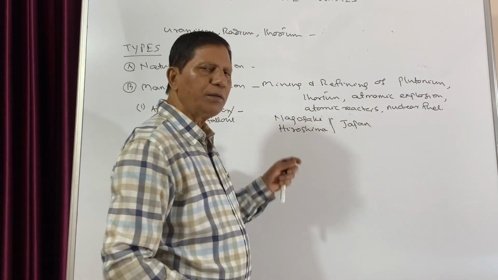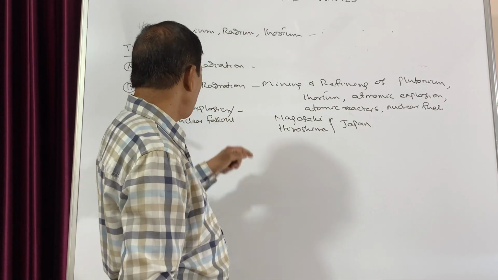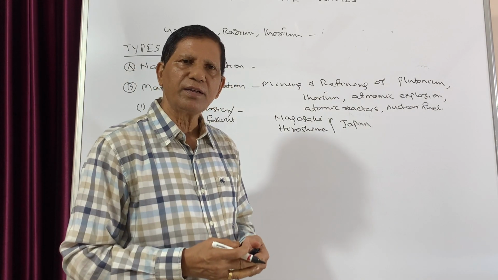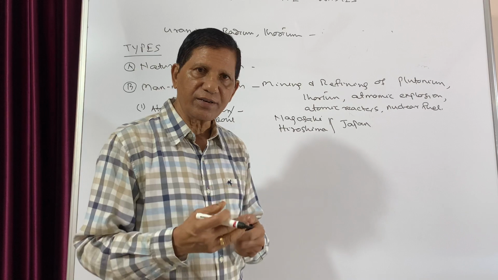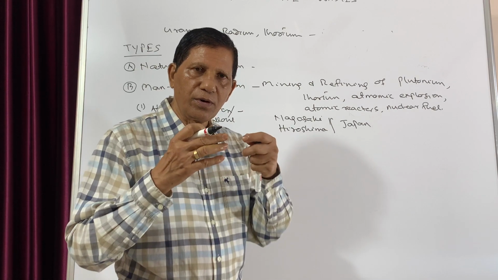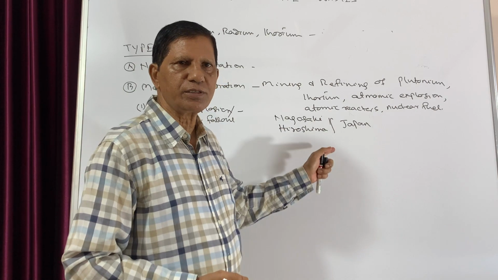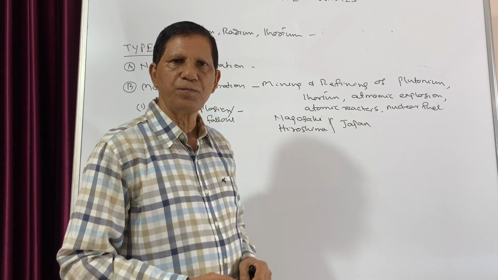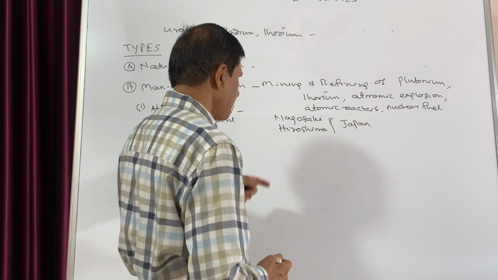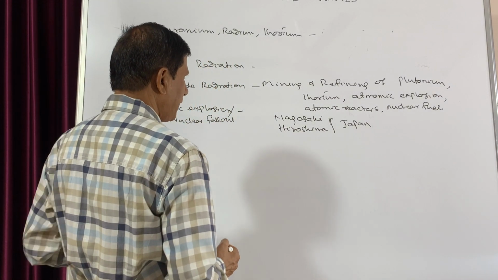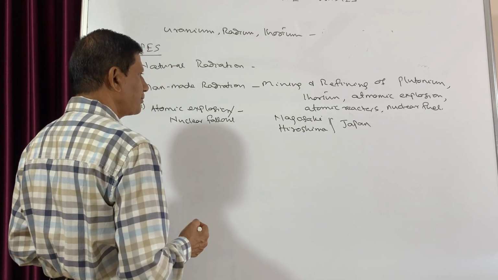As a result of this atomic explosion, thousands of people died. It is so dangerous that even now people are suffering from the effects of this atomic explosion. Here we can also give some examples.